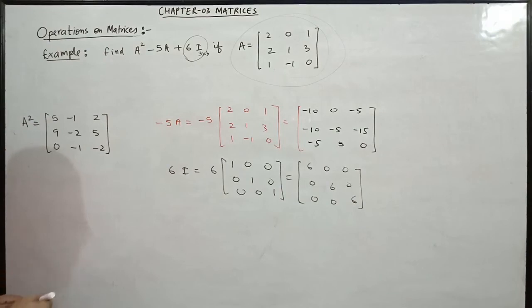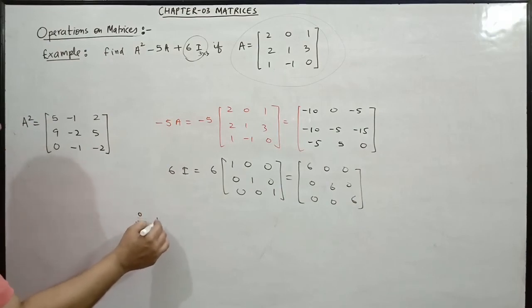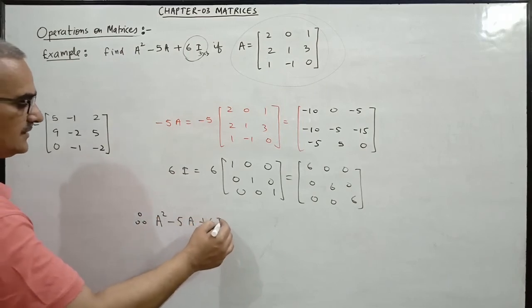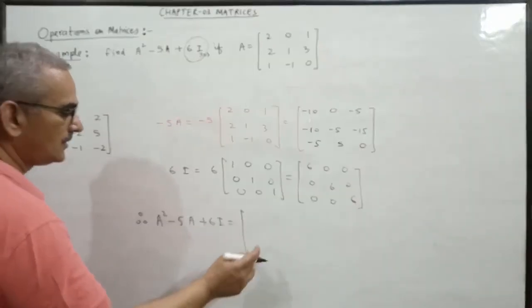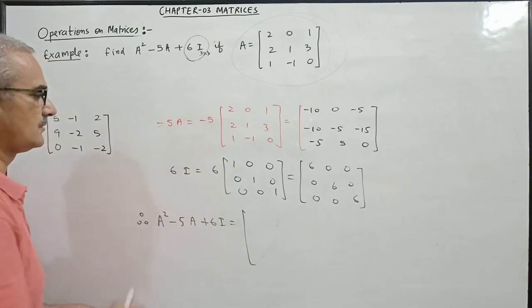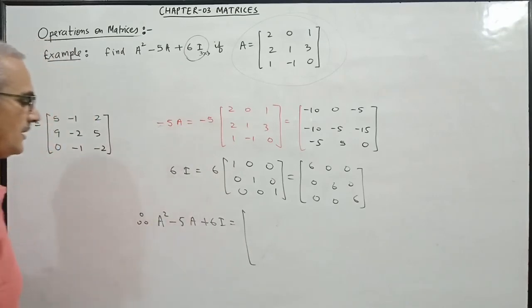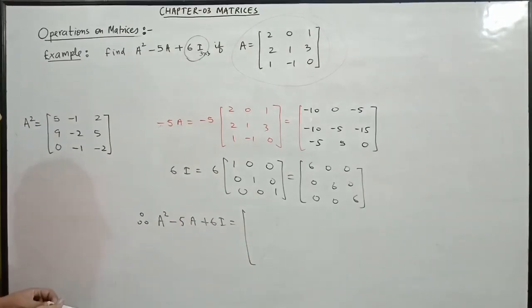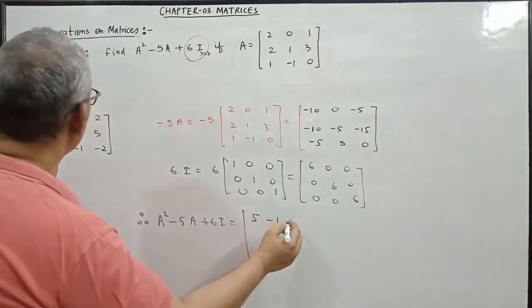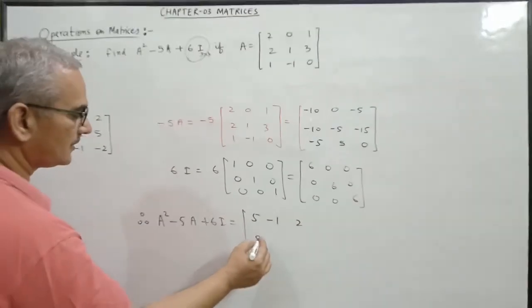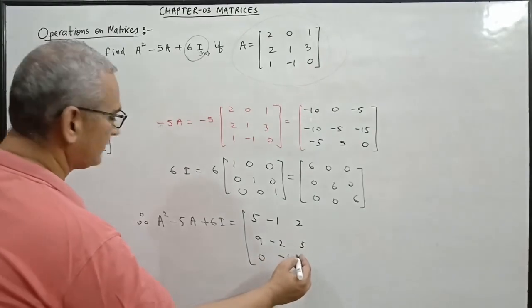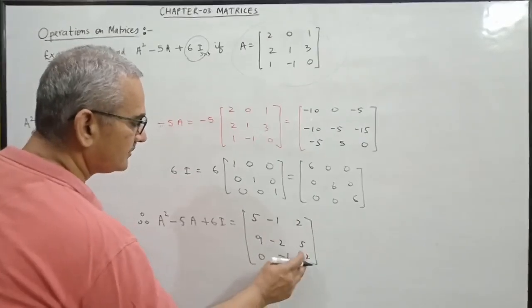Therefore A square minus 5A plus 6I is equal to, we just have to add them. You can write them in this way. First the value of A square, that is 5 minus 1 2, then 9 minus 2 5, here we have 0 minus 1 and minus 2, I have copied it.